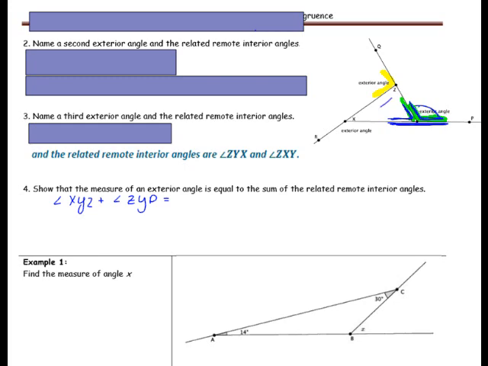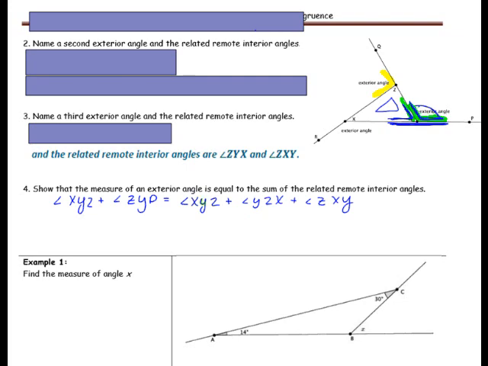Next, we know that the sum of the three angles of a triangle is equal to 180 degrees. So let's write that down. We have angle XYZ plus angle YZX plus angle ZXY.